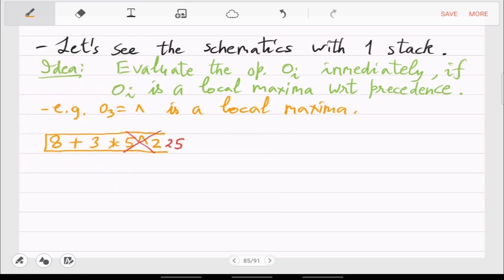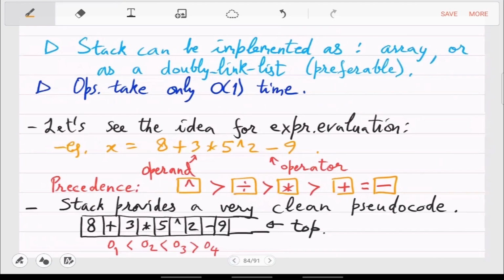So this is why this one stack will not be very transparent pseudocode. We'll do this again with 2 stacks. We'll keep a stack with operators and a stack of operands. But even if you wanted to do this in the pseudocode with one stack, it's possible easily because you can go after 2. Then you will see minus. So you have O2, O3, O4, and that will tell you that O3 is a local maxima.